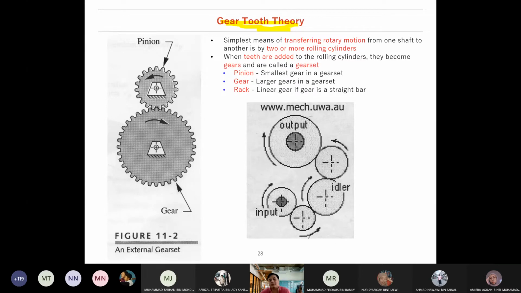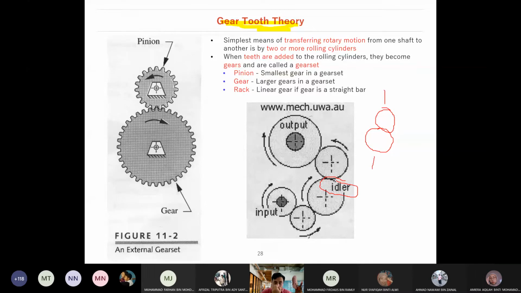If you look at this figure, there's something that we call an idler. So the purpose of the idler is to make sure that the driven gear later on has the same rotation. For example, if you have these two gears, katalah this is the driving, the torque is inserted here.